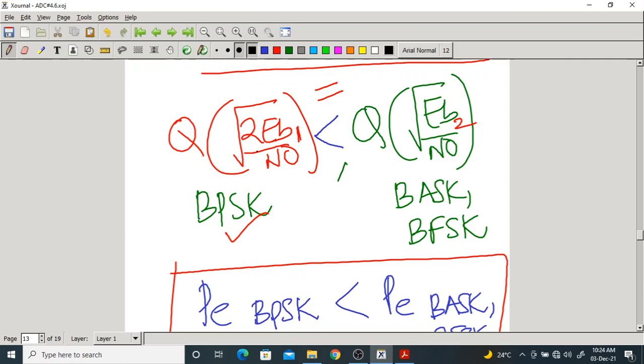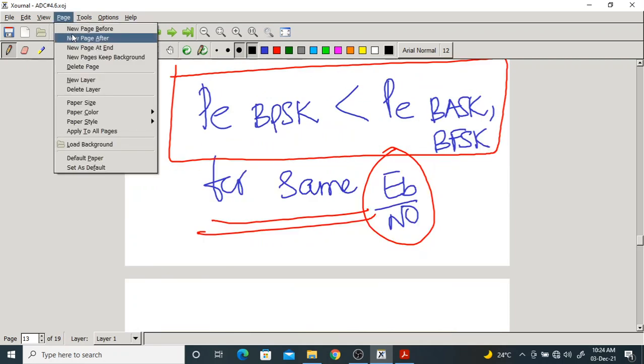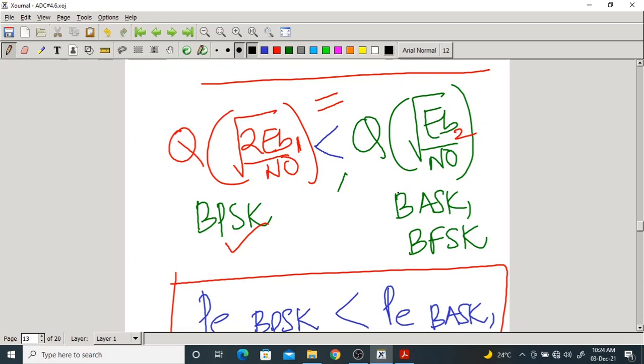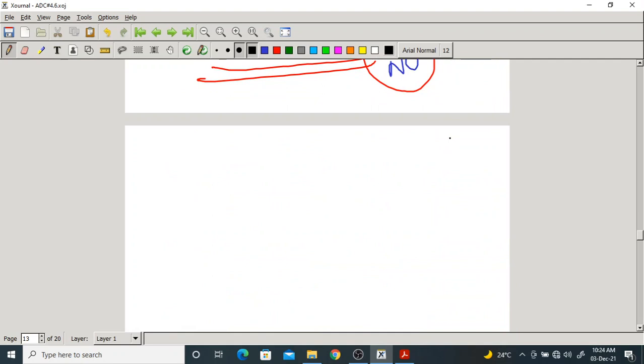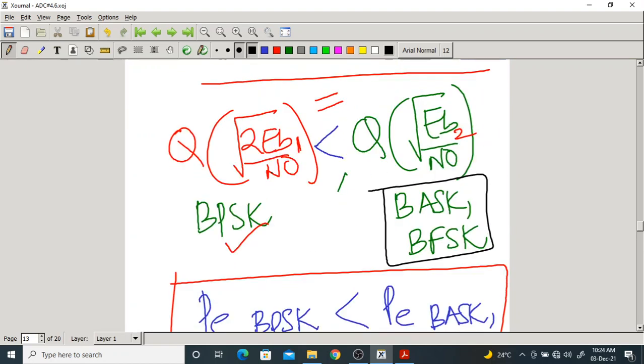If they are to be the same, what should we do? In BPSK and BASK, BFSK, EB2 by n0 should be equal to 2 EB1 by n0.